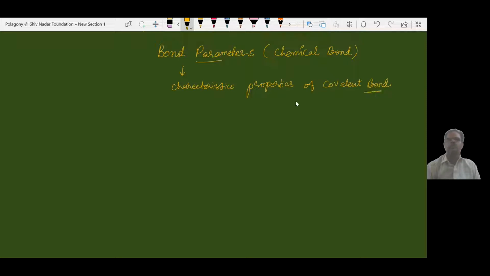For understanding the covalent bond, these bond parameters are useful for us. What are the characteristic properties of the covalent bond, and how can these characteristics help us?